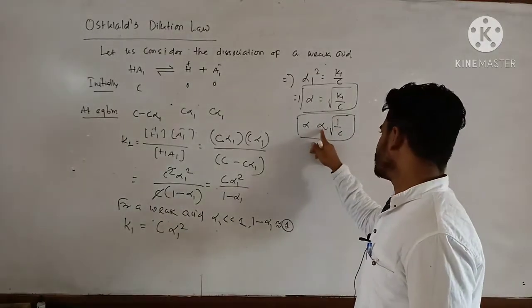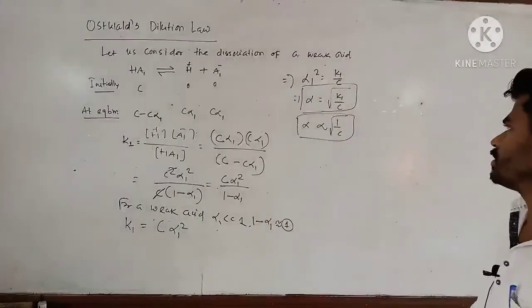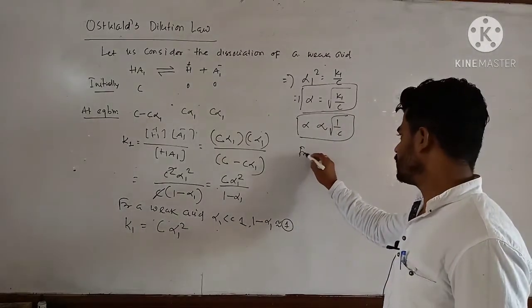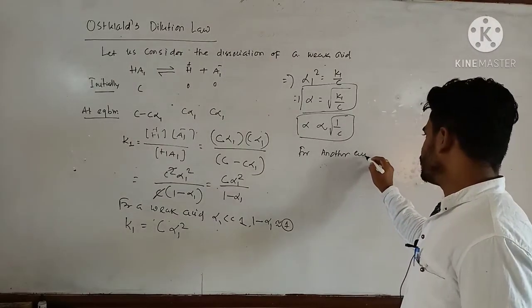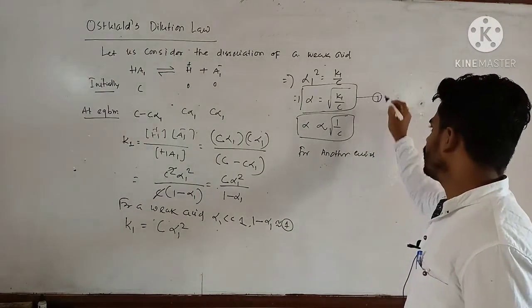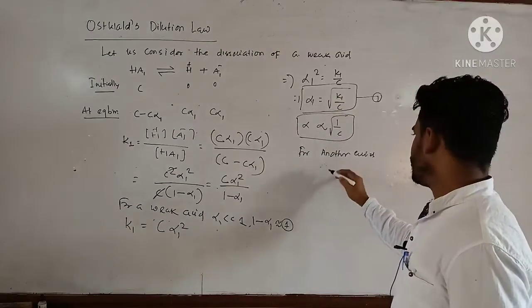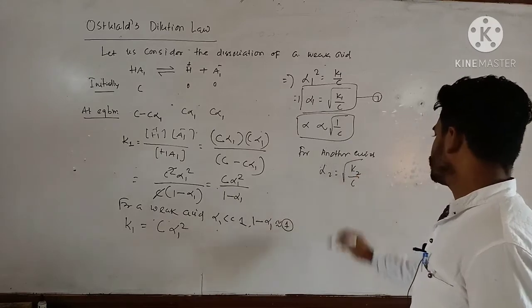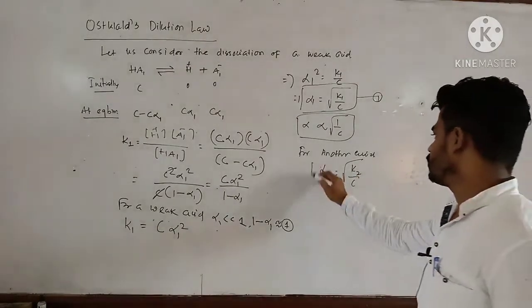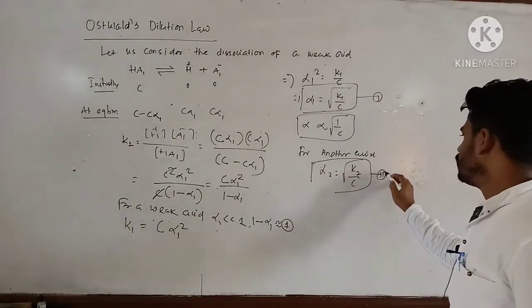So alpha is inversely proportional to the square root of concentration. This one is equation 1. For another acid I can write alpha 2 equal to root over of K2 upon C. This one is equation 2.